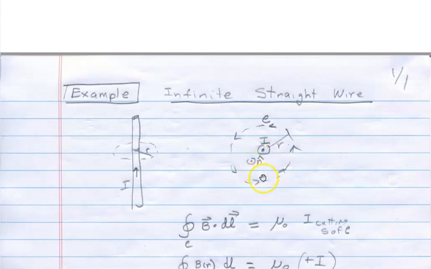And if you do that and you use the convention, this closed curve C encloses an area. Areas are vectors, and so we need to define the perpendicular to that area.